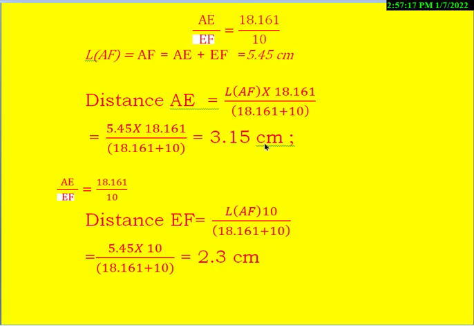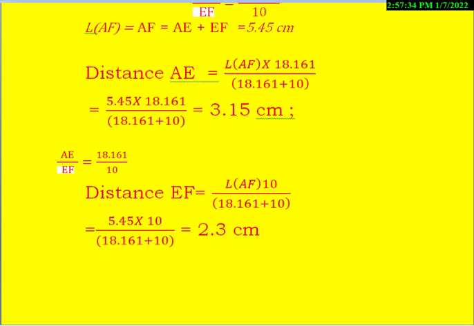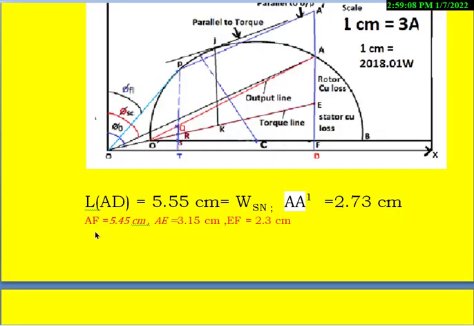So from A to E, distance is 3.15 centimeters, which represents the rotor copper loss, whereas distance EF is 2.3 centimeters, and this represents the stator copper loss.